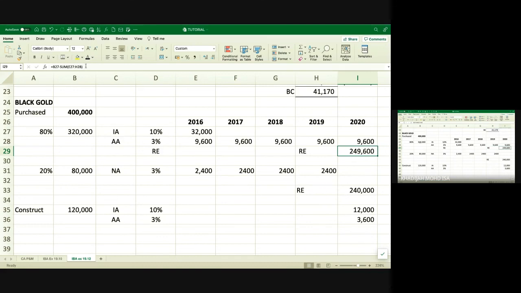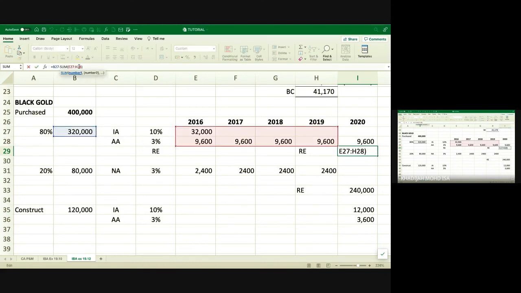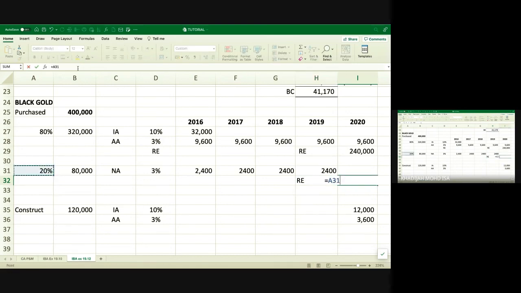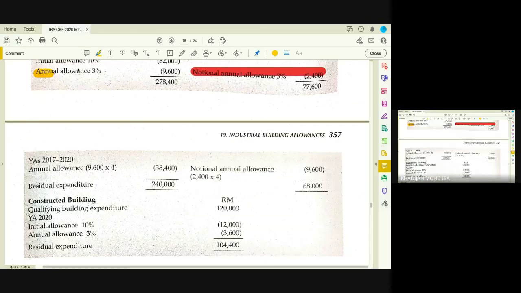This one will be at 240. This one will be plus of this minus the sum of, right, 68,000. Right, 68.